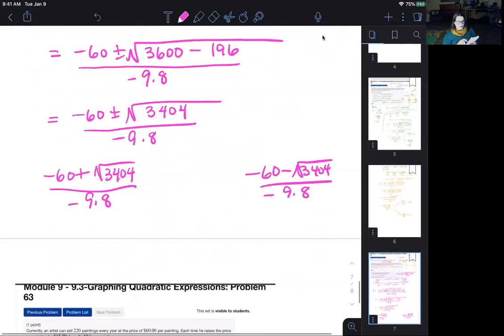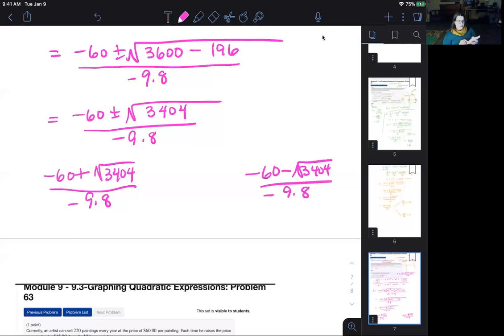Okay, so on my calculator, I'm going to take the square root first of 3404. I'm going to add negative 60 to that, so I might as well just go minus 60. And then divide that by negative 9.8.